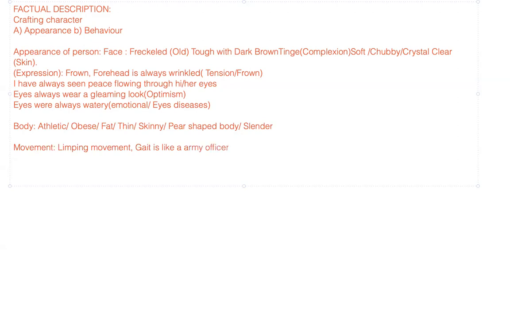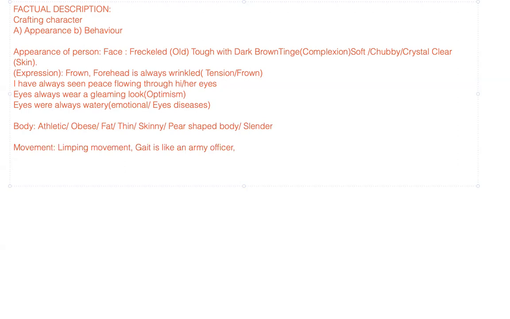We can imagine how an army officer walks, right? Even at a wedding or any family occasion, the person is walking like an army officer, so that comes out as the funnier side of that person. We can also describe a person's gait when he or she is old.